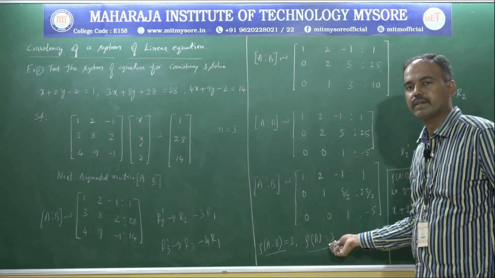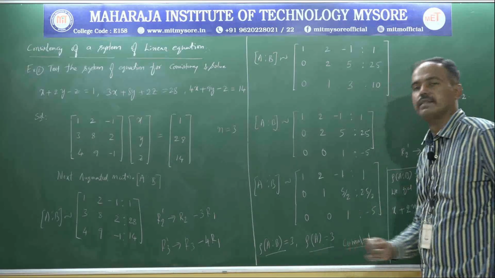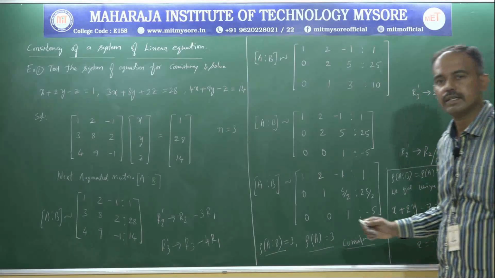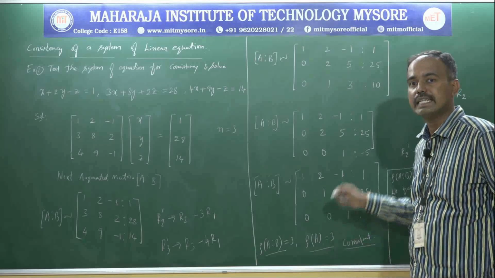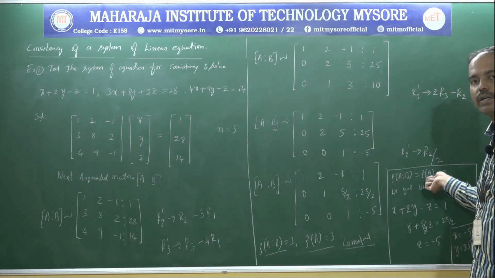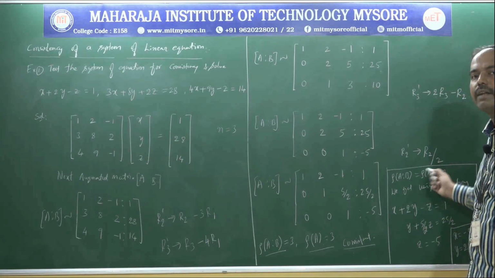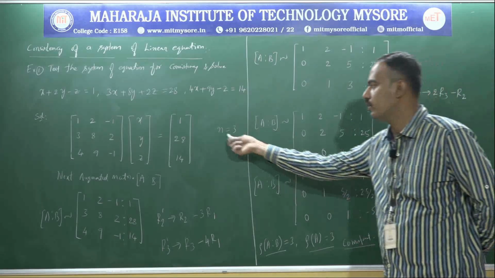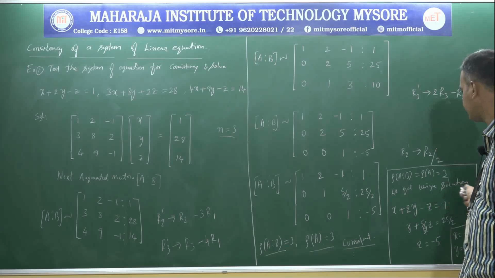Then the system is consistent, and we get solutions. If the rank is also equal to the n value, where n is 3 because there are 3 unknowns, then we get a unique solution.